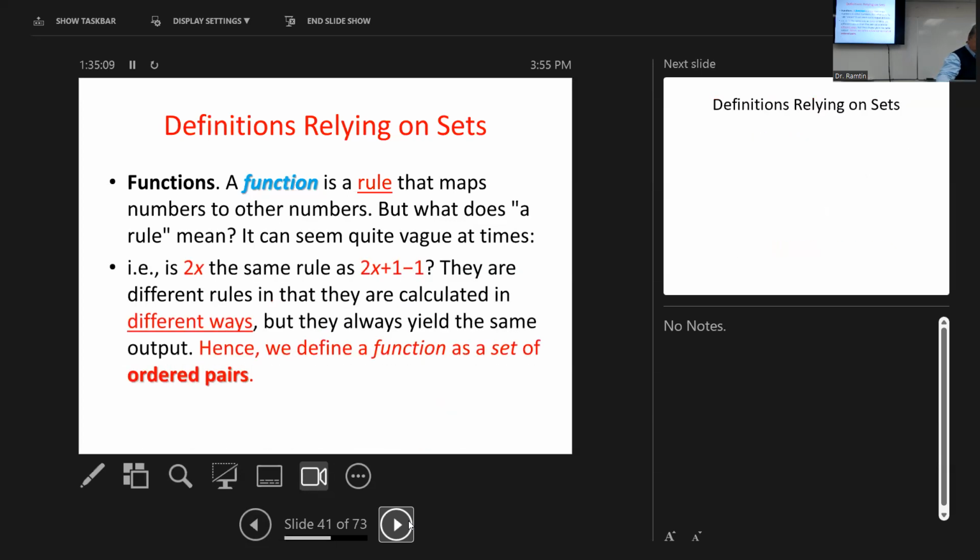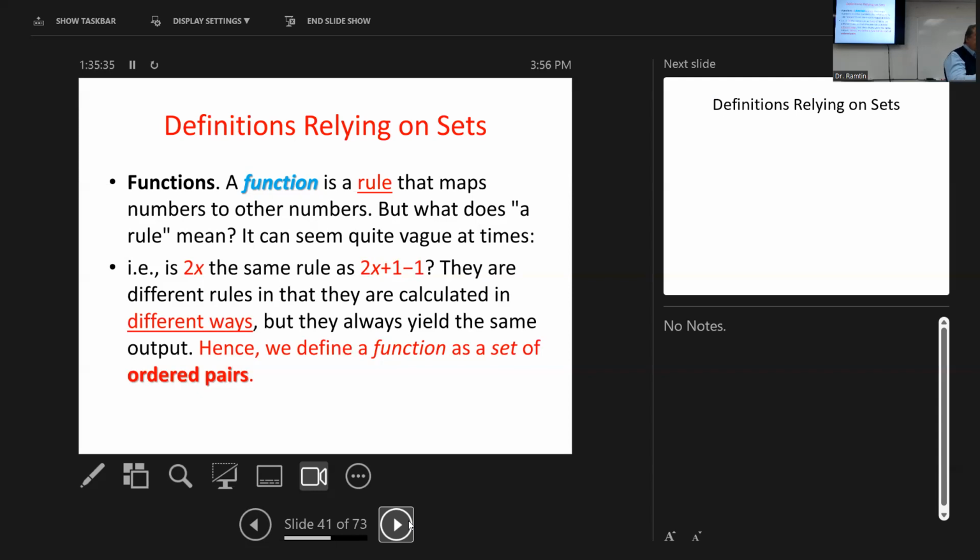For example, 2x, meaning 2 times x, is a rule, a mathematical operation. And I have 2x plus 1 minus 1. These are different rules, calculated in different ways, but they yield the same output.